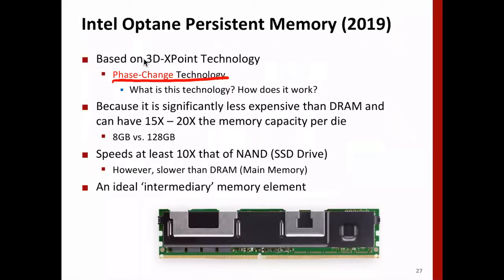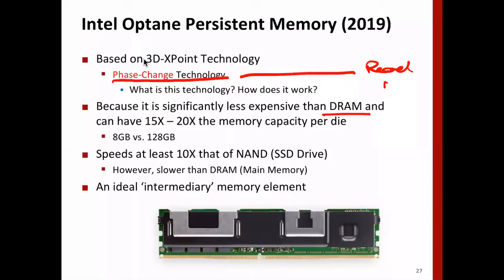Now you need to look yourself at what phase change technology is, what phase memory is in general, because SDRAM and DDRAM both are based on whether a capacitor is charged or not charged. But this is phase change, a different technology altogether. So read about it. And it's less expensive than DRAM.